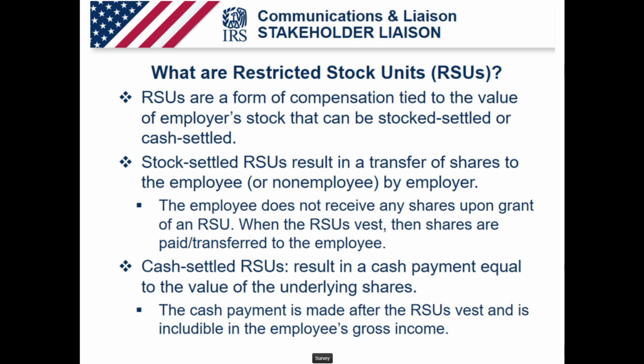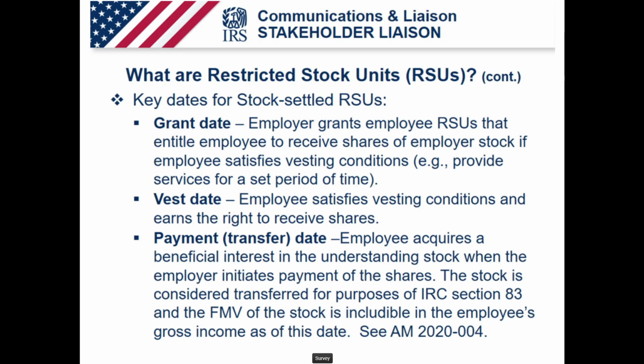The cash payment is made after the RSU vests and is includable in the employee's gross income. Before we discuss the taxability of RSUs issued to NRAs, let's review the terminology of stock-based compensation.